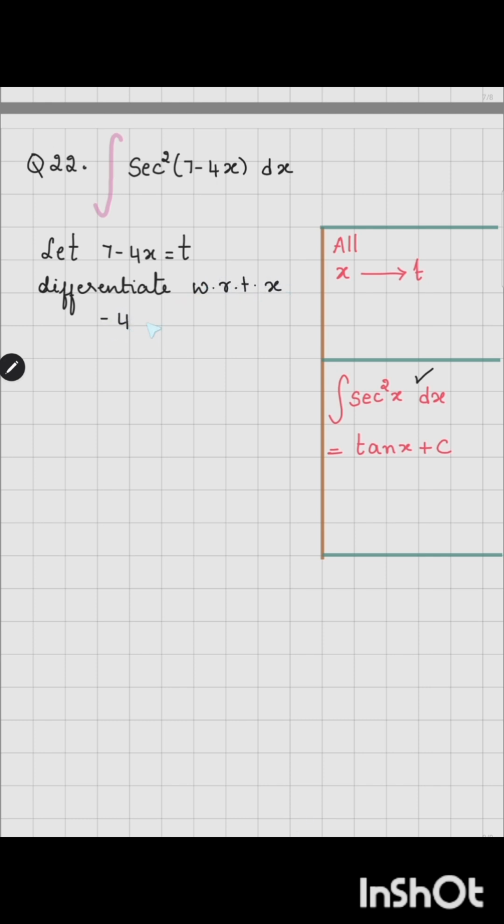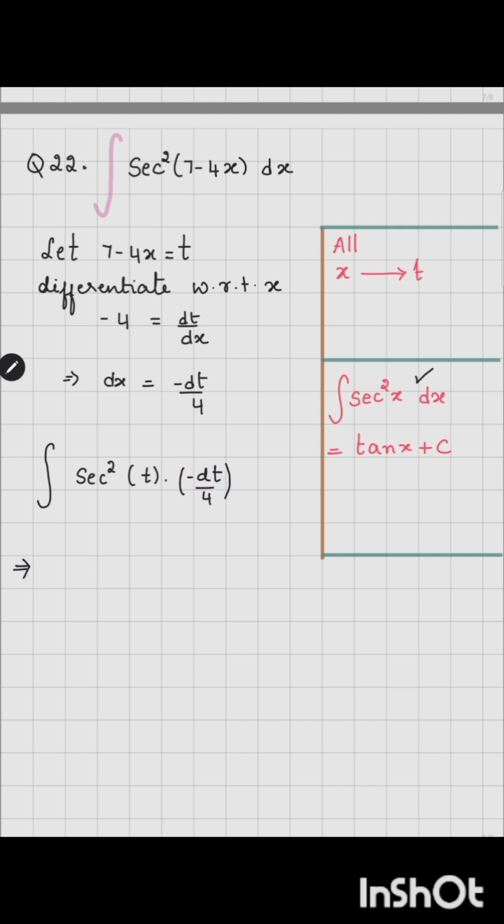We get minus 4 equal to dt by dx. Now dx will be equal to minus dt by 4. So let us substitute in secant square: in the place of 7 minus 4x we will write t, and in the place of dx we will write minus dt by 4.